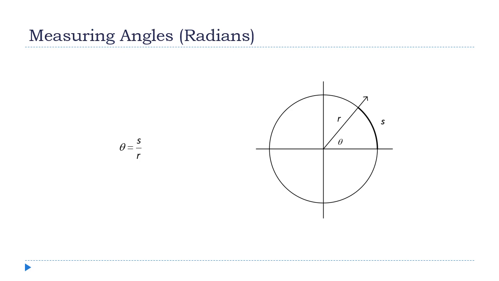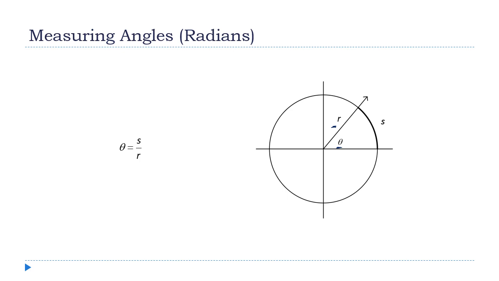So to see how radians are defined, take a look at the diagram here. It starts with a circle whose radius is r, and an angle whose measure we'll call theta, using the Greek letter.